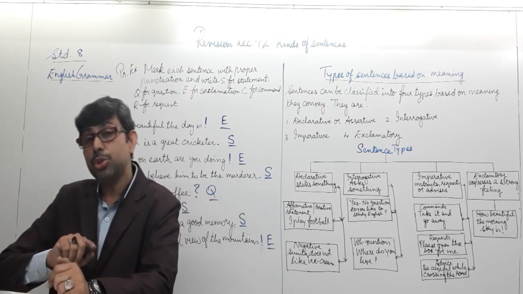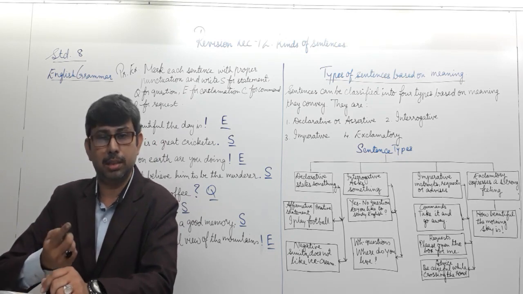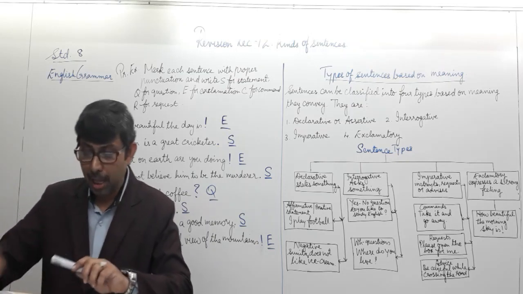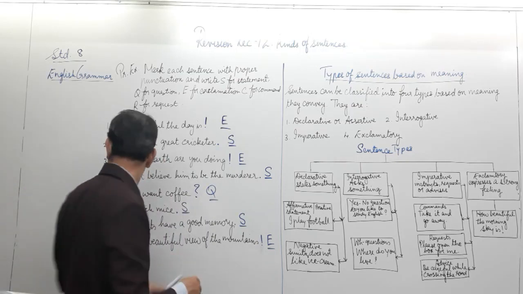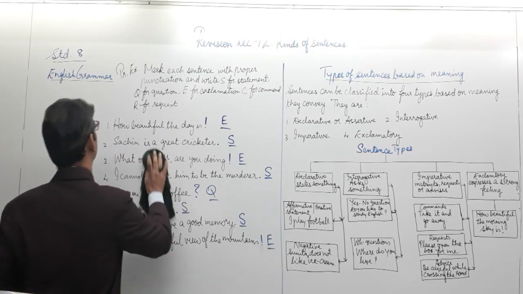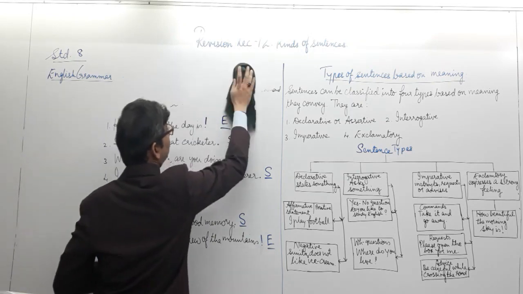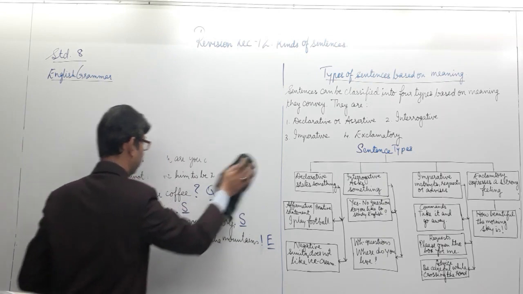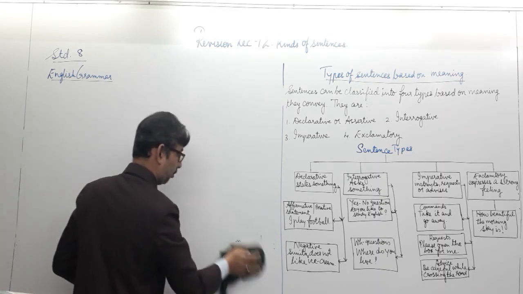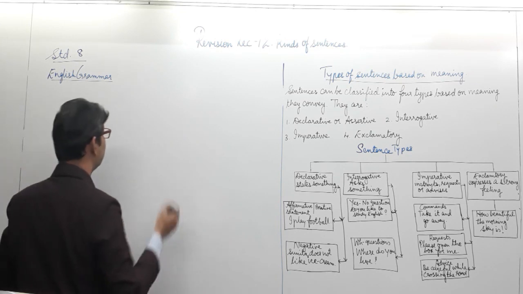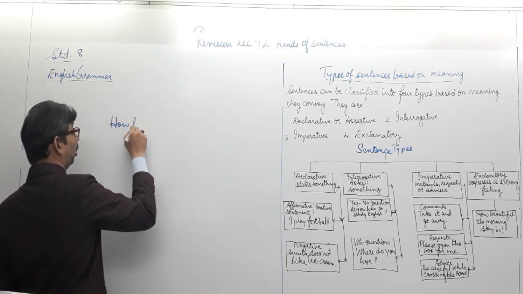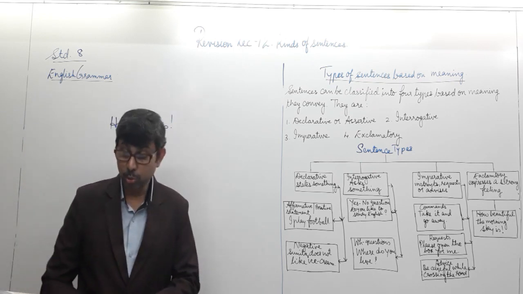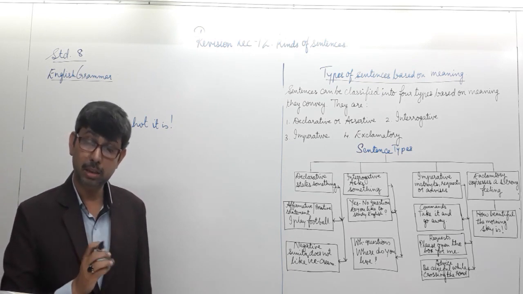But the same thing can be changed into an assertive sentence, a declarative sentence, by making a modification inside its writing pattern, as you will see on the board. I try to explain it to you. The sentence, how hot it is, with an exclamation mark, can be changed into a declarative sentence by making a little change inside it.